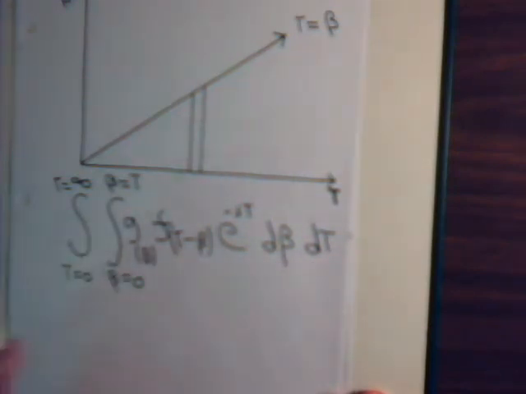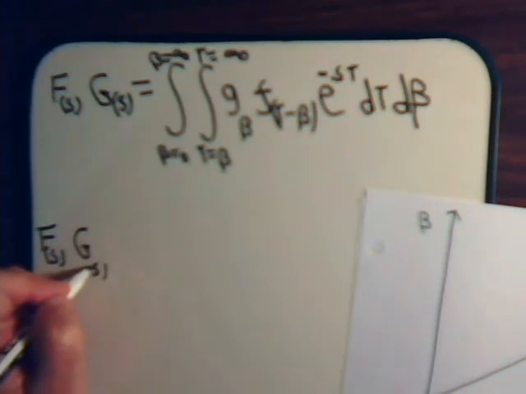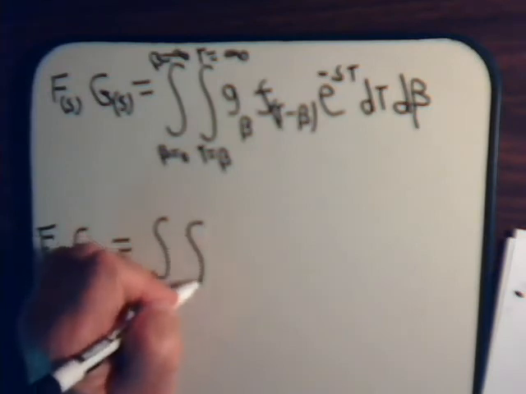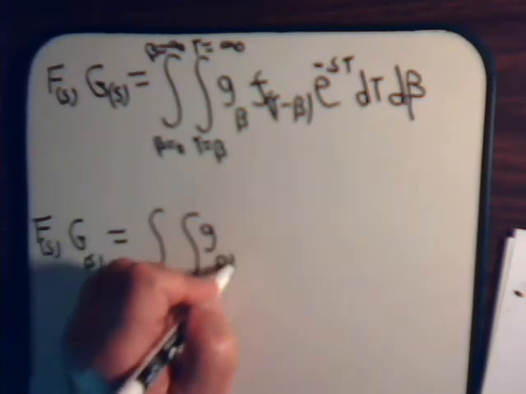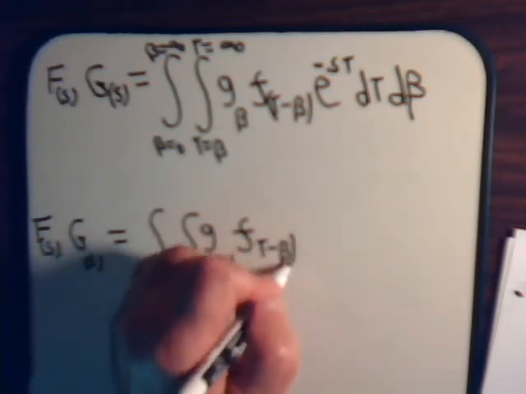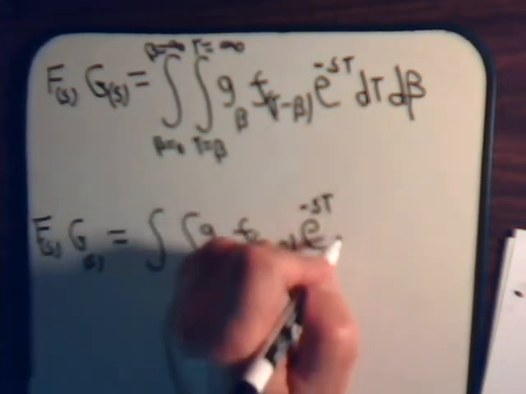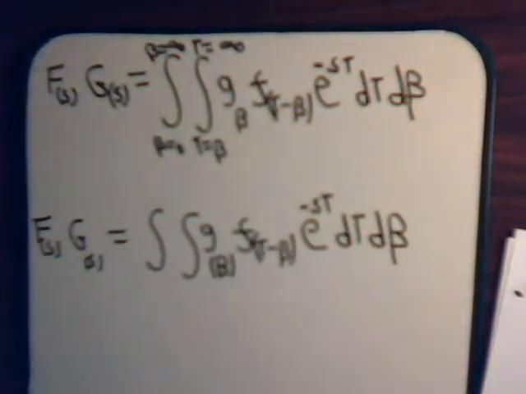So let's write this one on the board. We have f of s g of s equals, then of course it's a double integral, g of beta f of t minus beta e to the minus st dt d beta.